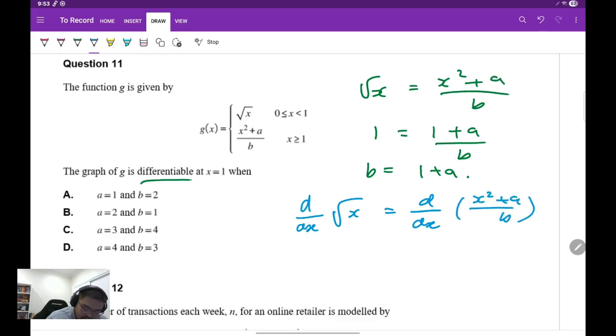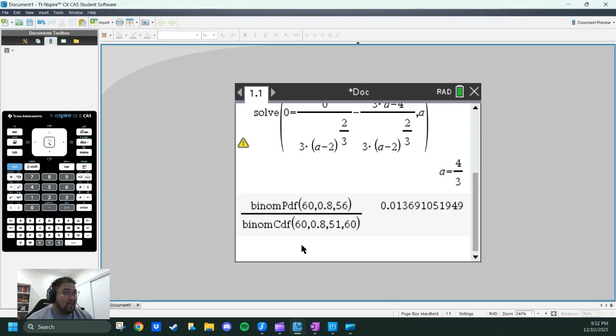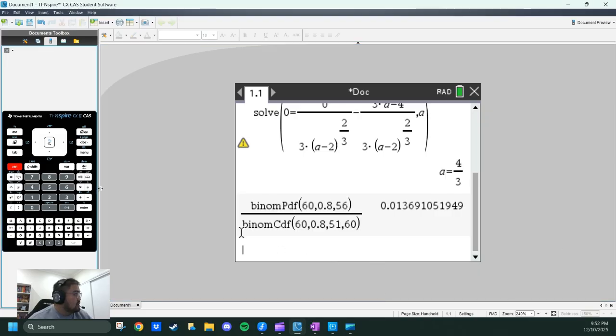And we need to make sure that they are the same value. So when we substitute these values in, we're going to find the derivative and then after that substitute 1 in. So let's find our CAS. Okay, so for this one, let's go.